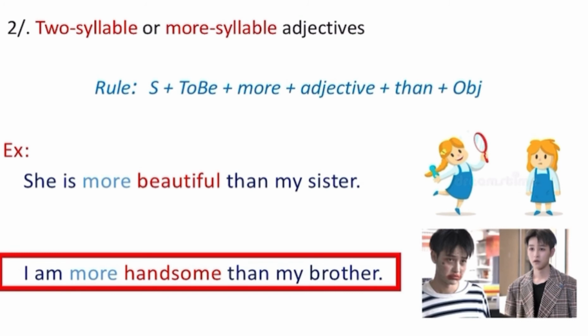So let's see the full sentence. I am more handsome than my brother. So you compare yourself with your brother. So more handsome is a comparative adjective in this sentence.